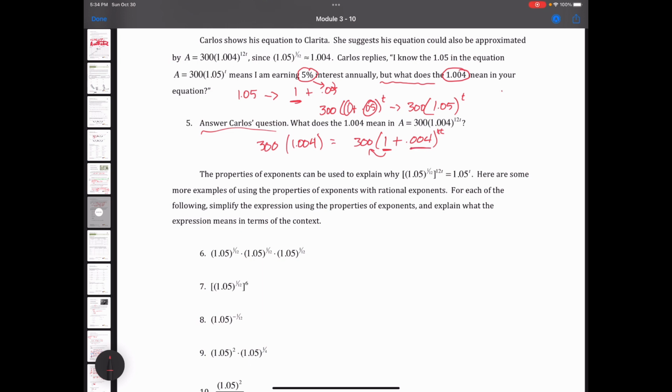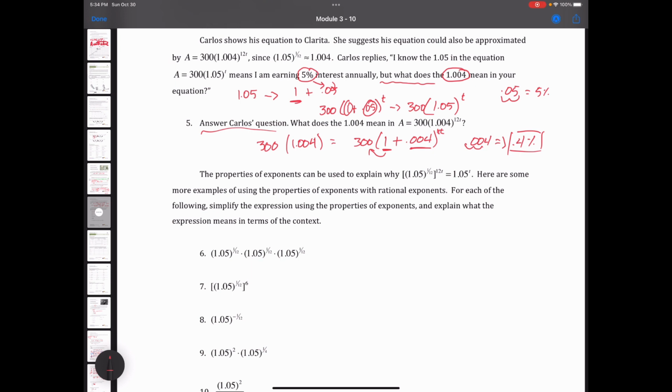Now, with 0.05, we know, okay, just move the decimal twice and that equals 5%, right? But with 0.004, how do we know what percentage that is? Well, we do the same rule of moving the decimal place twice, and it'll just be 0.4%. So what that's telling us is that there is 0.4% interest being paid to Carlos each month.